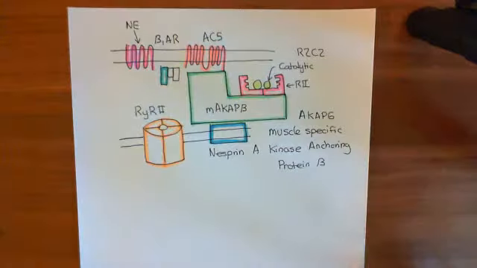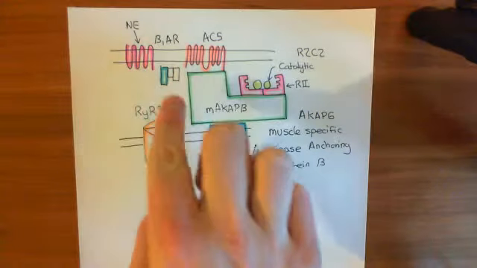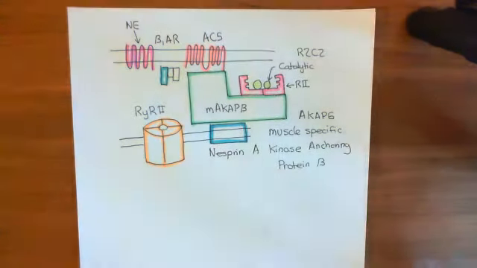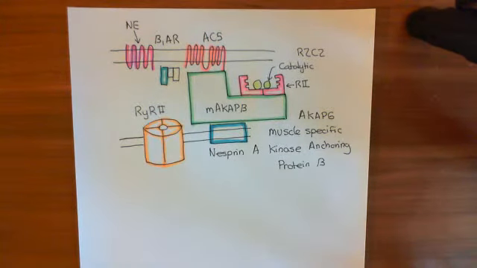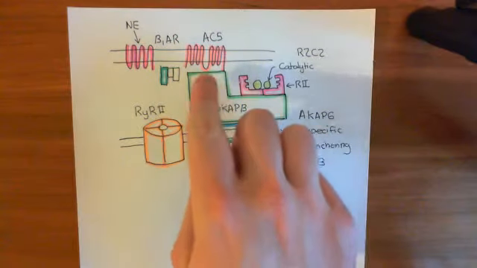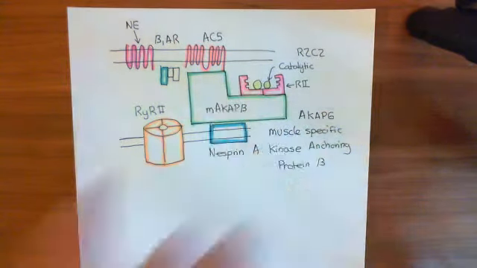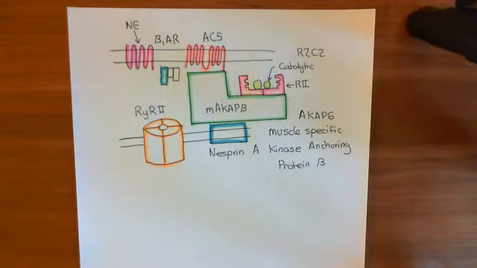When you stimulate the beta-1 adrenergic receptor with noradrenaline, it is going to stimulate this Gs heterotrimeric G protein, which is then going to stimulate the adenylyl cyclase 5 enzyme, which will then produce cyclic AMP, which it will throw onto this type 2 protein kinase A enzyme down here.